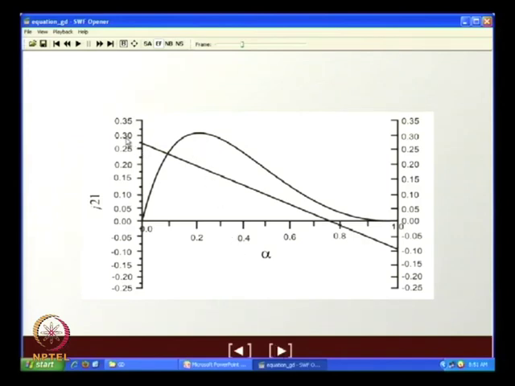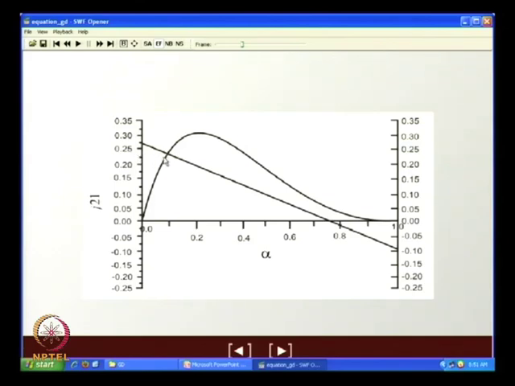Now, let us see. This is for co-current upflow. You remember this was the straight line which we had, this was the curve which we have. So, the point of intersection gives you the value of alpha in this case, and that gives you the value of J21. Fine.